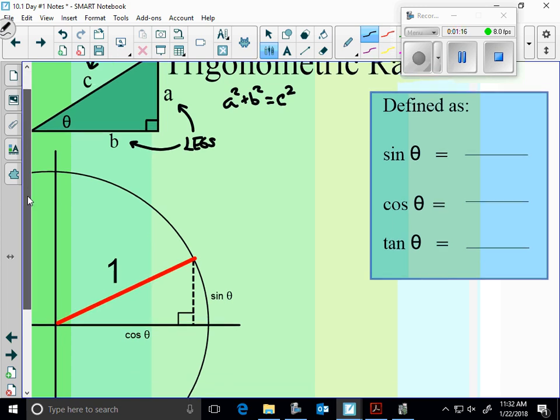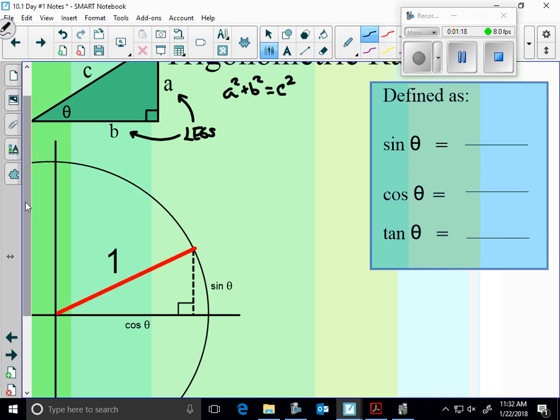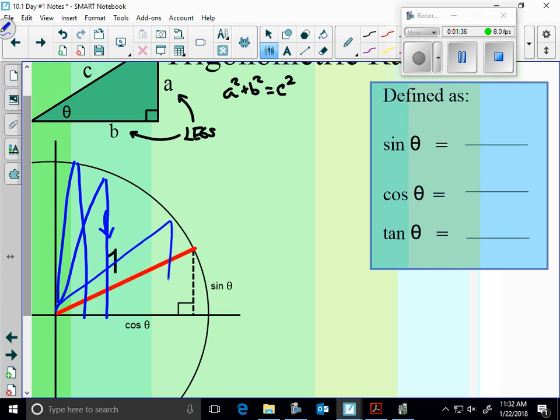Something kind of cool comes up when we put this into the unit circle format. The unit circle, of course, is a circle that has a radius of 1, which becomes our hypotenuse, which will always stay the same in the unit circle, whether my triangle looks like this, or like this, or like this.